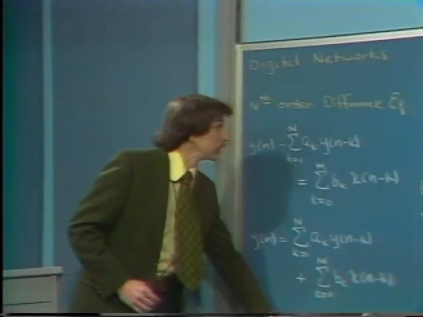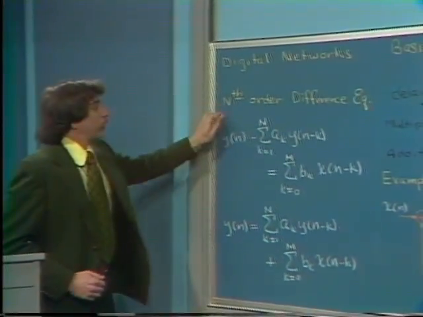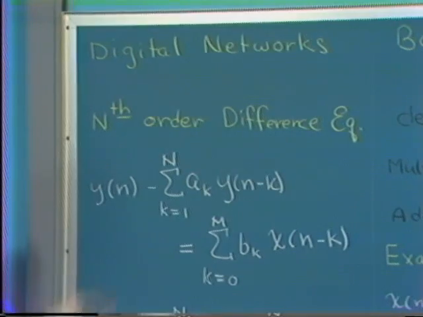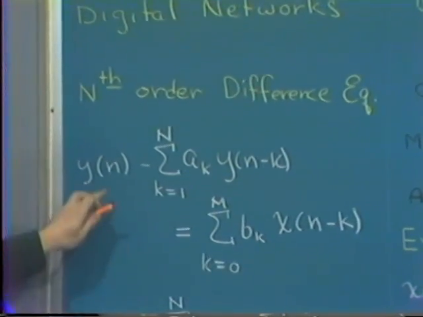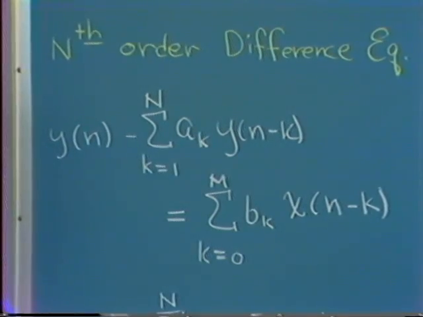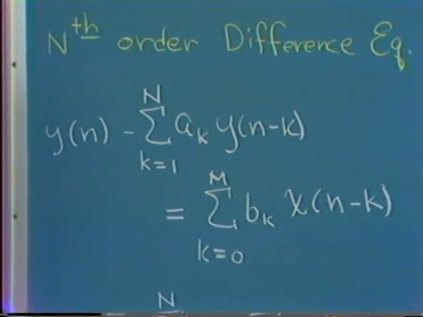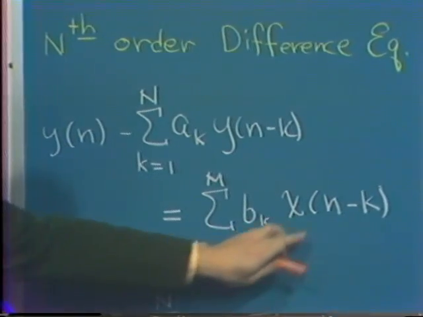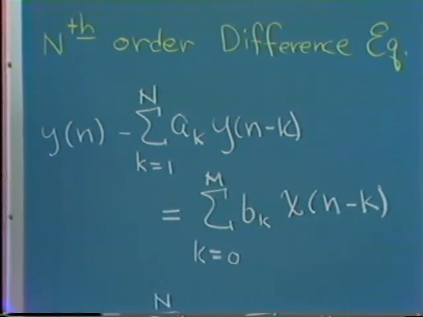Well, as we have defined previously, an nth order linear constant coefficient difference equation essentially corresponds to a linear combination of delayed output sequences set equal to a linear combination of delayed input sequences.